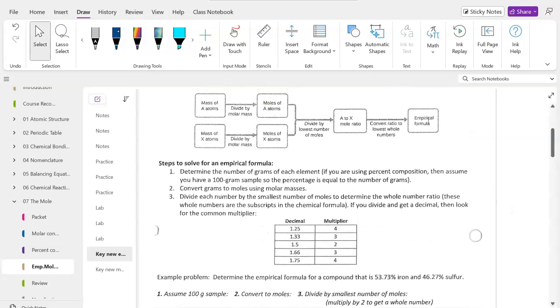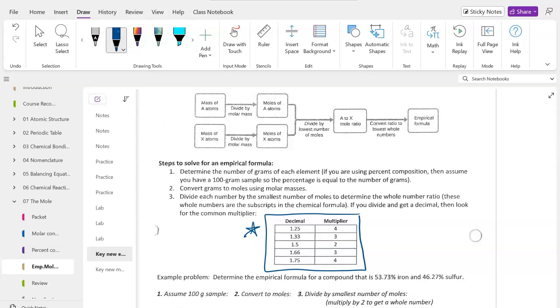So let's take a look below. How do you solve for an empirical formula? We have a little flow chart here and our steps to figure out what to do first, second, third, fourth, fifth. And then we also have this little table right here, just in case some of our numbers are not exactly whole numbers. Some of you may remember that back at balancing combustion reactions, sometimes we got a 0.5 for one of our coefficients, or 1/2, and we had to multiply the whole thing by 2.